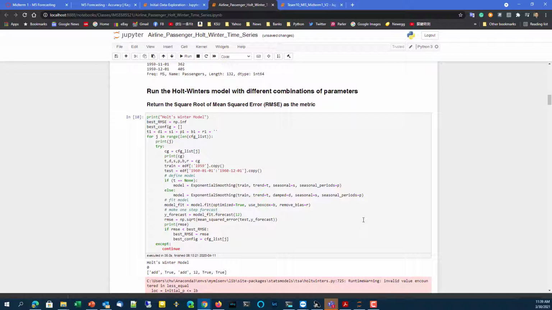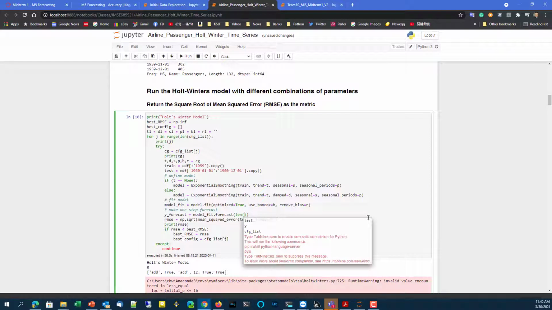Where is the forecast? Here? Okay. Mm-hmm. If you want to use test size, you should probably use so-called length of test, correct?